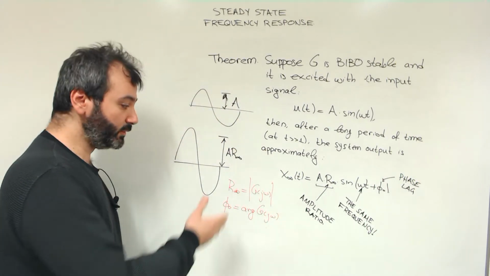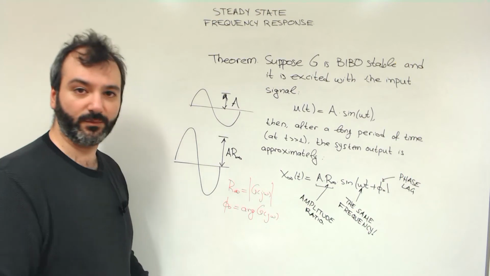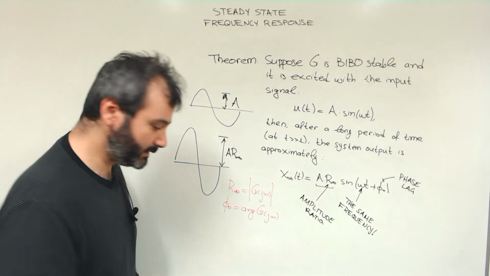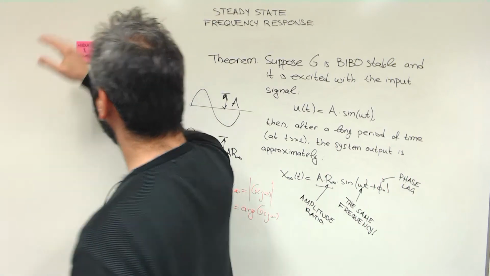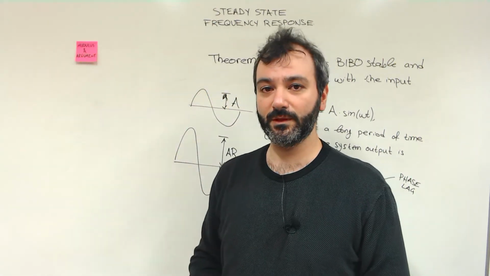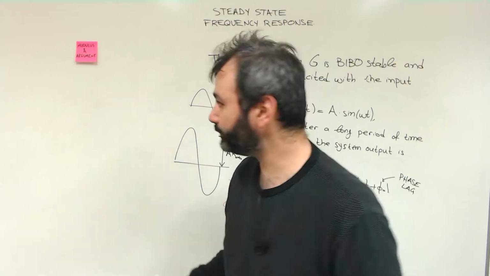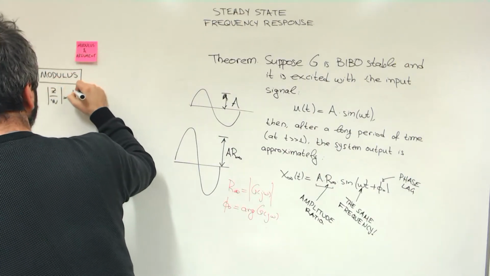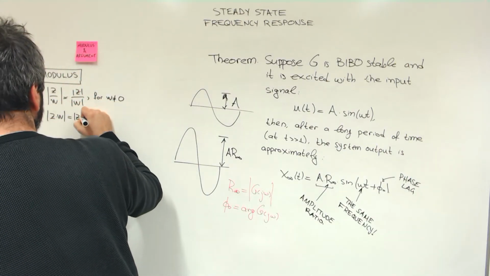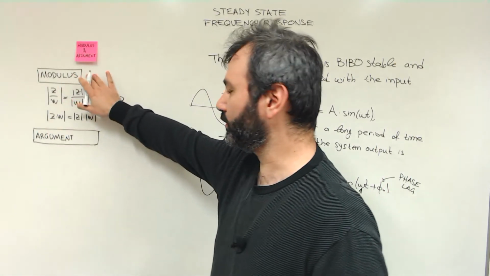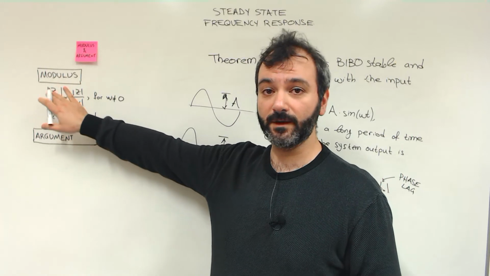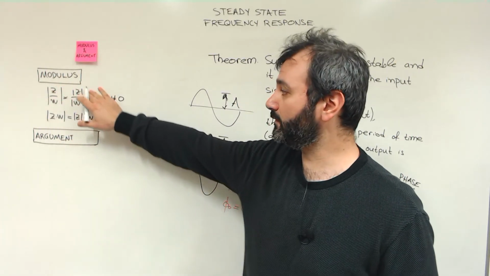And since we're talking about the modulus and the argument of a complex number, let us recall certain properties of the modulus and the argument of complex numbers. For the modulus, we know that the modulus of a quotient is the quotient of the moduli.